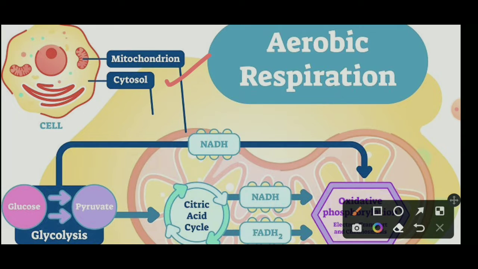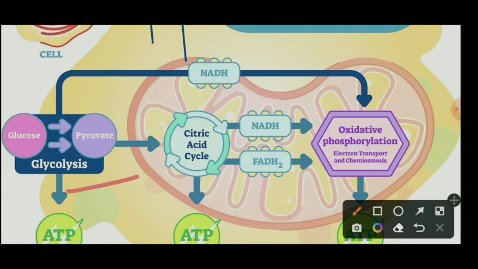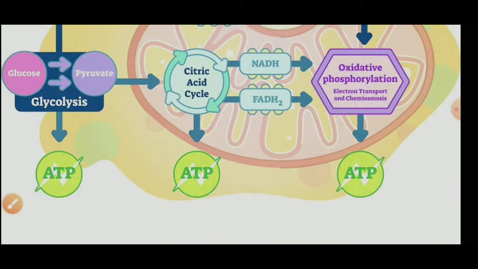So what happens in the cytoplasm? The glucose is broken down step by step into pyruvic acid, which is a 3-carbon compound, by the process of glycolysis. In the presence of oxygen, this pyruvic acid enters the mitochondria, where it is completely broken down, and the oxidative breakdown leads to the production of energy-rich compounds, ATP.